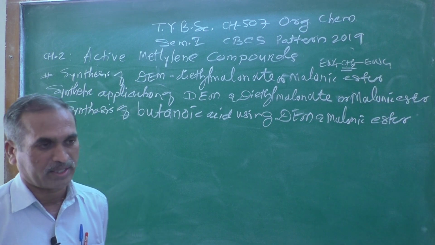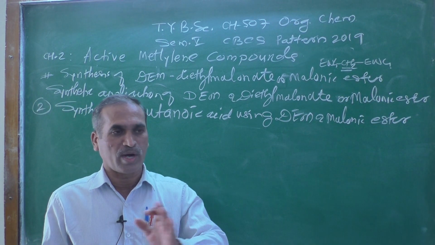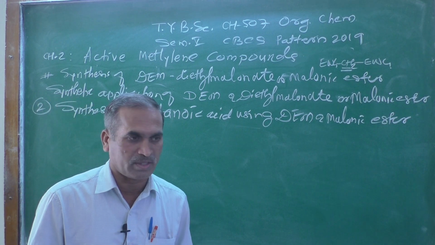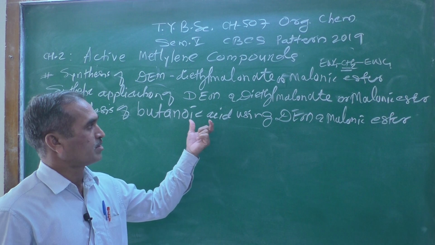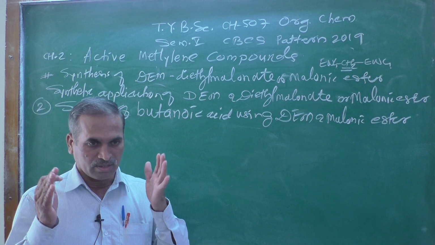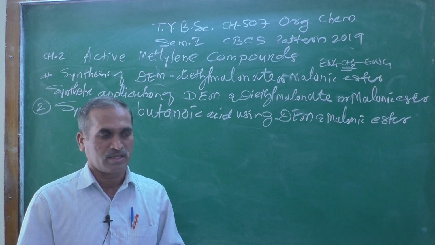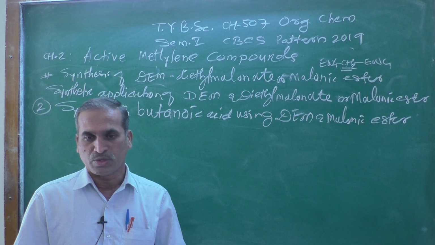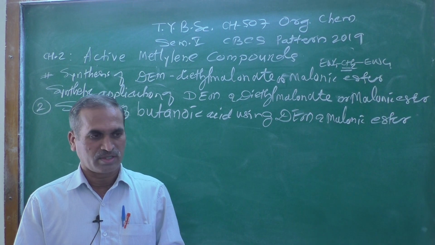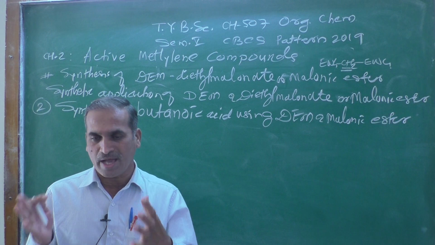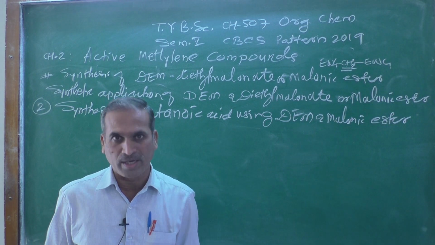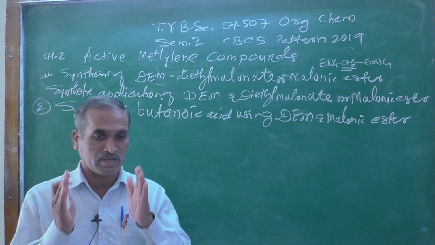What is required here is to draw the correct structure of the target molecule. The target molecule is butanoic acid, because they have already given us the end product as well as the starting material, and you have to use the suitable, appropriate reagent and maintain the proper reaction conditions.